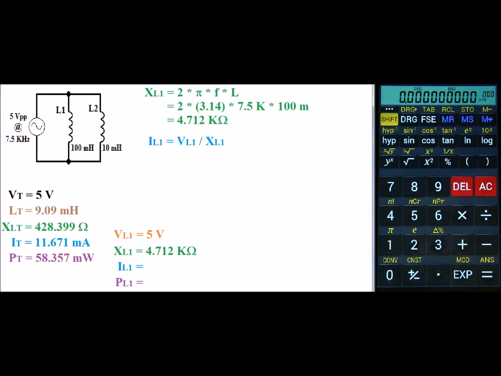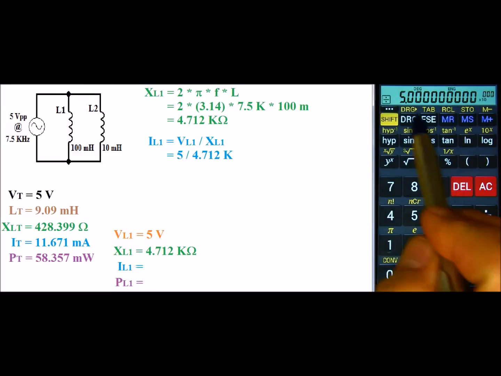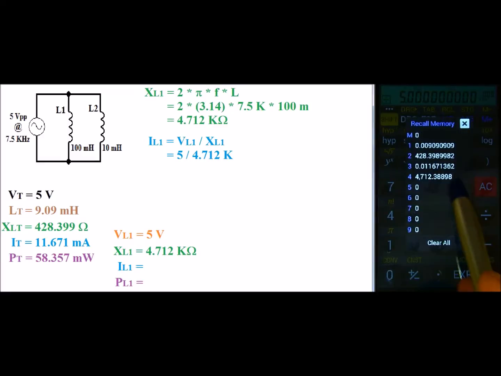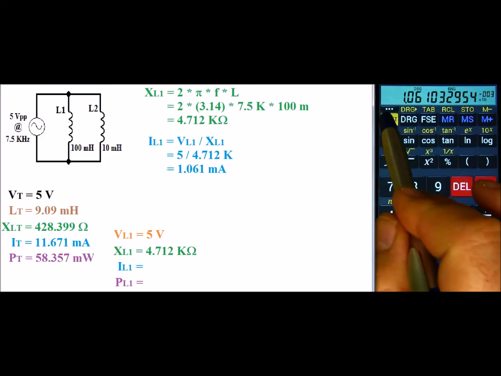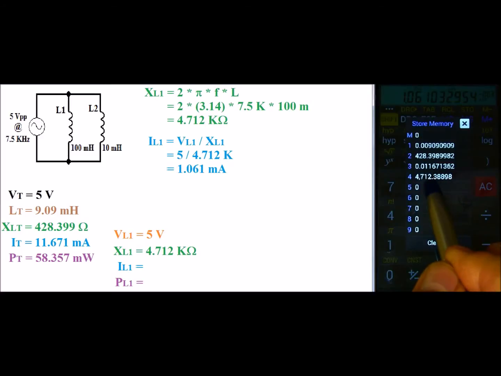Current is voltage of L1 divided by the inductive reactance of L1. So we have 5 volts divided by 4.712 K. So we take 5 divided by, and recall our resistance. And we have a current of 1.061 milliamps. Let's store that value.